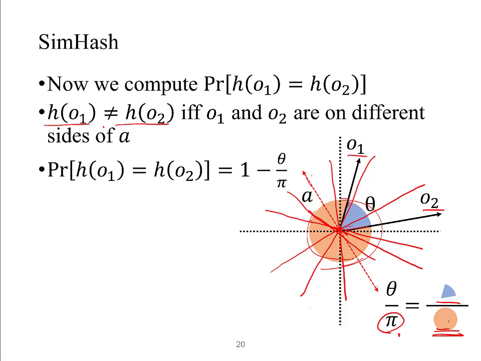So the ratio between this blue part and the whole would be theta versus pi. Right. So this is the probability of HO1 not equal to HO2. Then the probability of HO1 equals HO2 is 1 minus theta over pi.